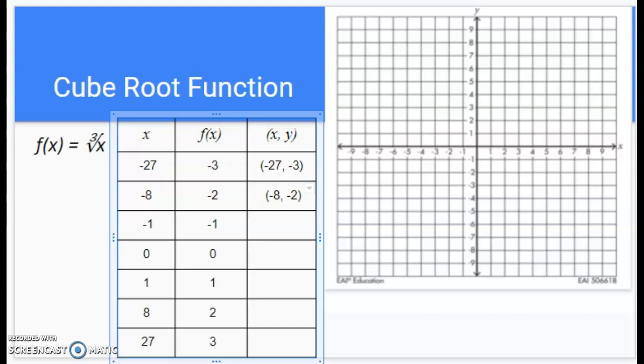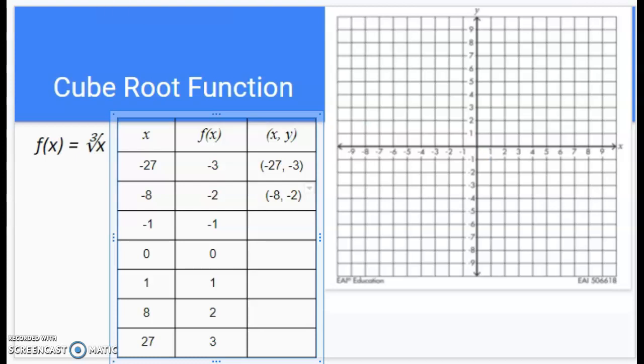Negative 8, negative 2, because negative 27 is not in our graph. So negative 8, go left 8, up to negative 1, negative 1, 0, 0, 1, 1. Hold on, we're going to redo that because we're going the wrong direction.